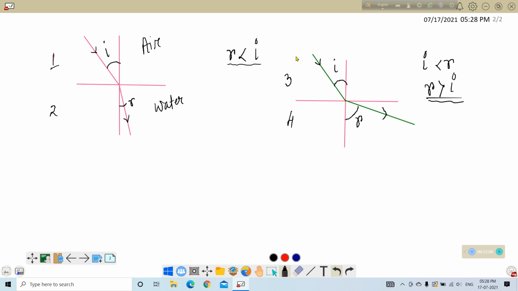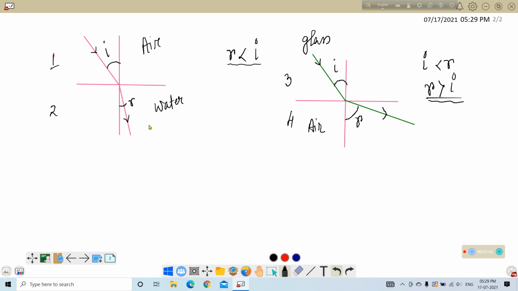If it is altered, that means this is denser glass and this is air, rarer medium, from glass to air, just the opposite happens. That means I is less and R is greater. So this is the particular distinction between two types of refraction, whether the refraction is occurring from denser medium to rarer medium or rarer medium to denser medium.